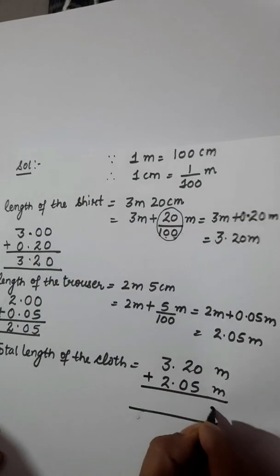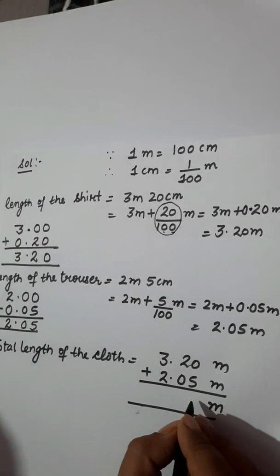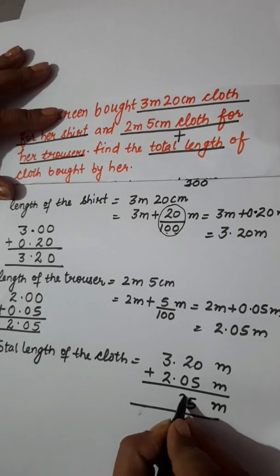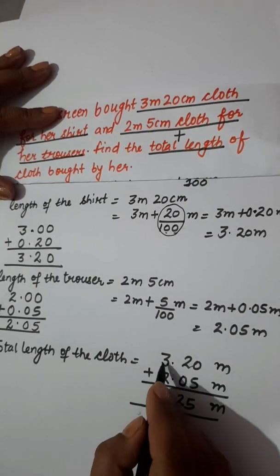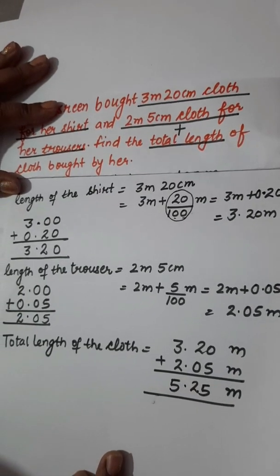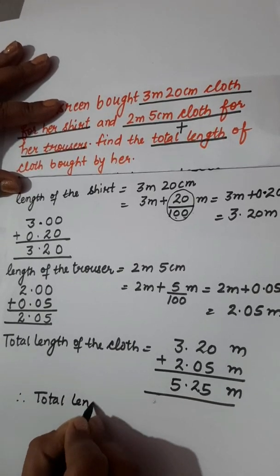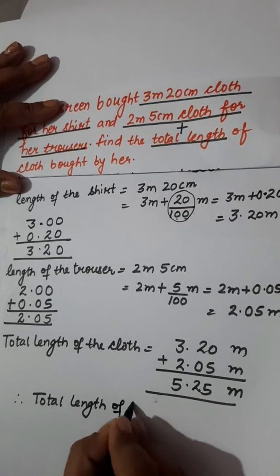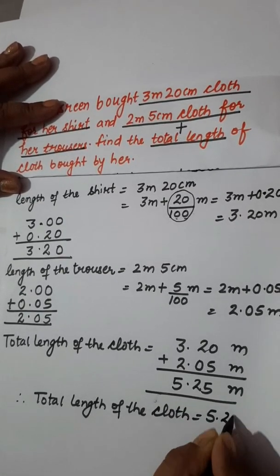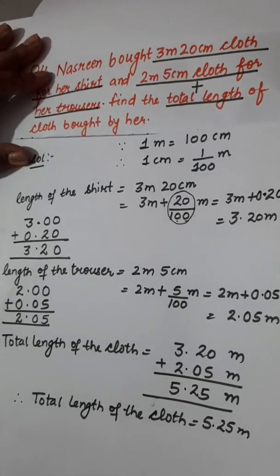After adding, you will get 0 plus 5, that is 5, 2 plus 0, that is 2, 3 plus 2, that is 5. So here, therefore, the total length of the cloth is 5.25 meters. So this is all about our question number 4.